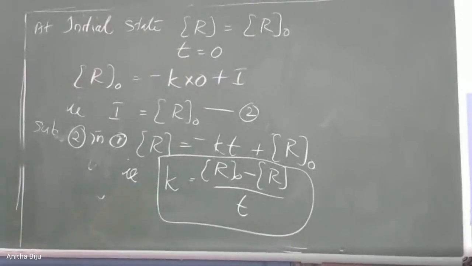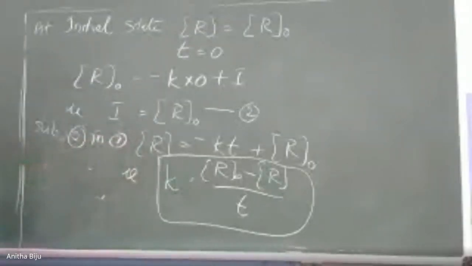Keep it in a rectangular box. K is equal to R naught minus R upon T. Clear?